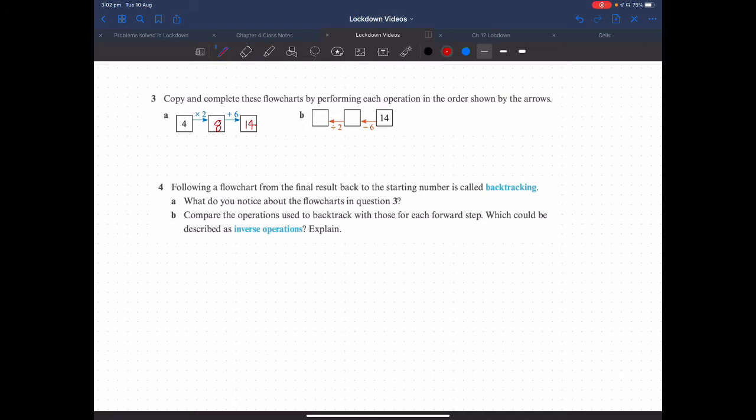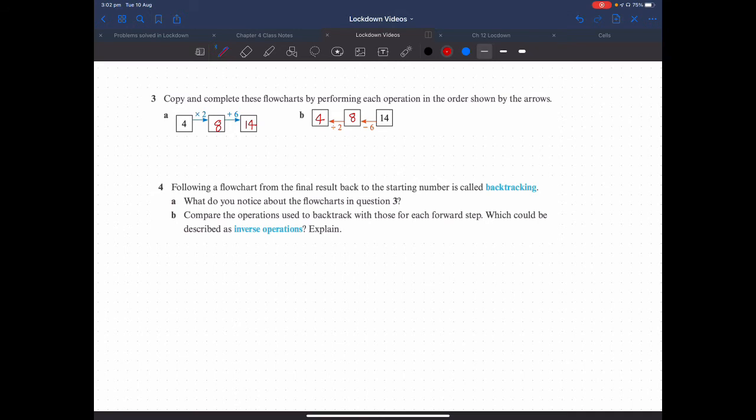So we're going 14 minus 6. 14 minus 6 is 8. From the 8 back to the box on the left, it says divide 2. 8 divide 2 is 4.